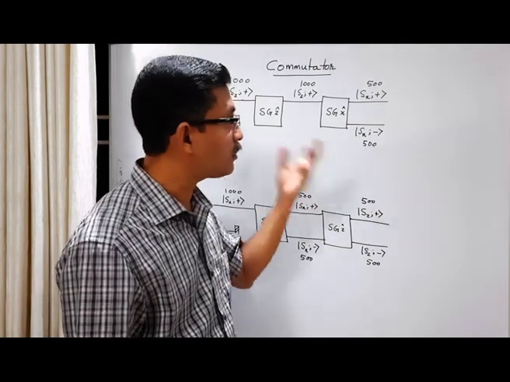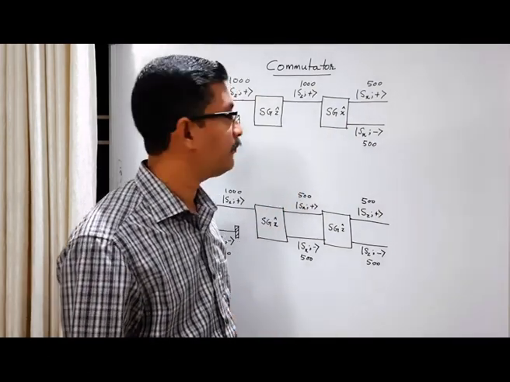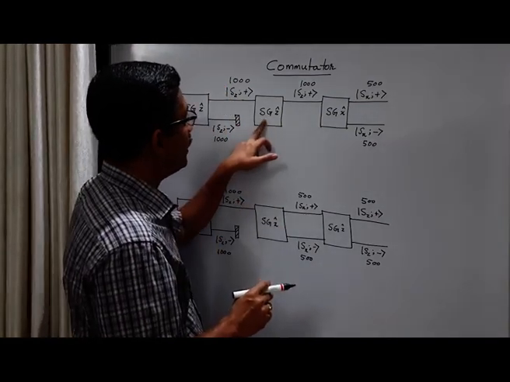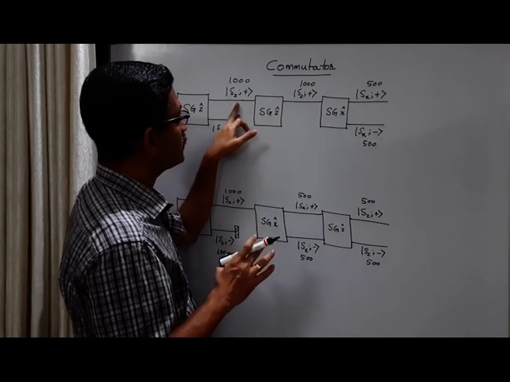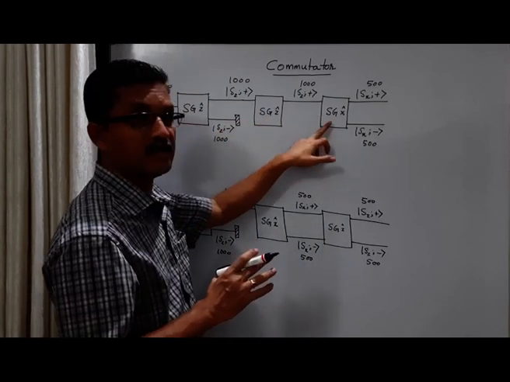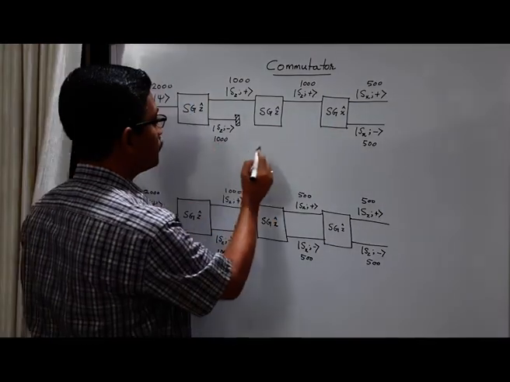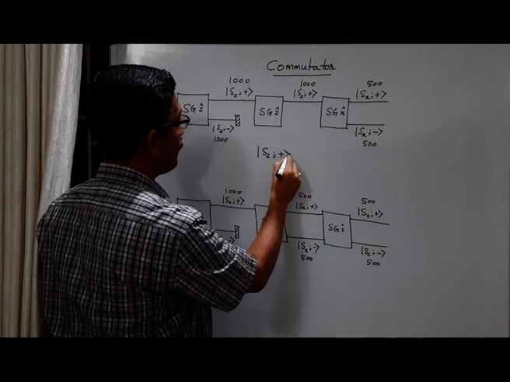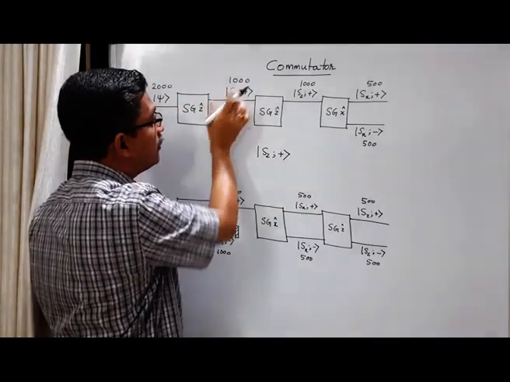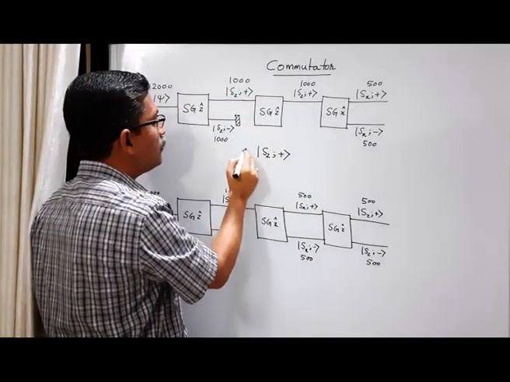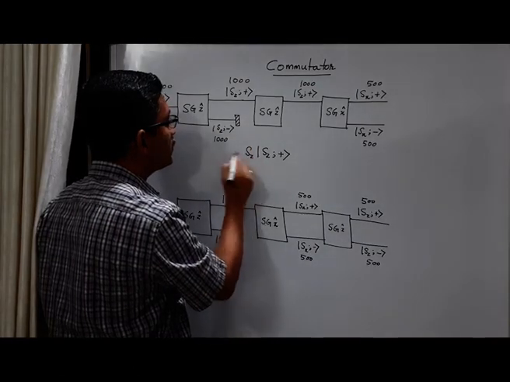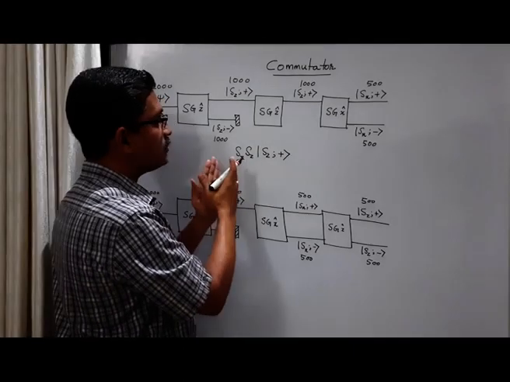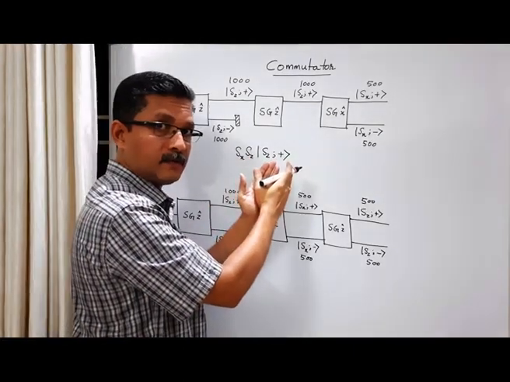If we try to write this in mathematical form, what is the situation here? On the input state, first we measure Sz and then we measure Sx. This is the input state Sz plus, our ket, our pure ensemble. We know that operators act from left to right on the ket vector.